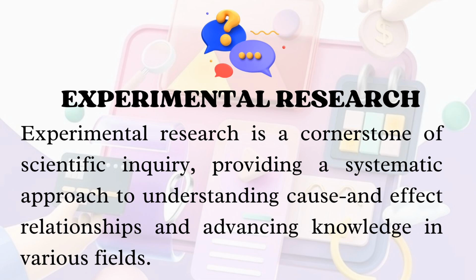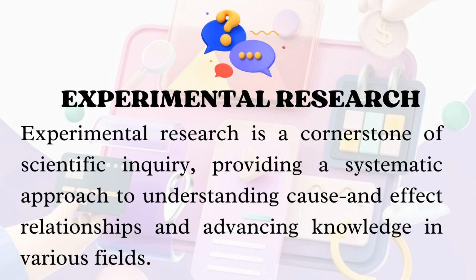So, experimental research is said to be the cornerstone of scientific inquiry. It is because experimental research is more of a trial and error, in which the researchers will find the main gap of the research problem, and then will solve it using the scientific method.